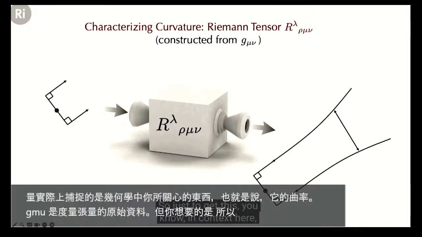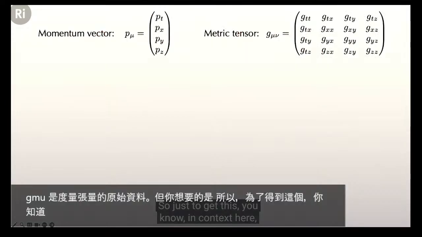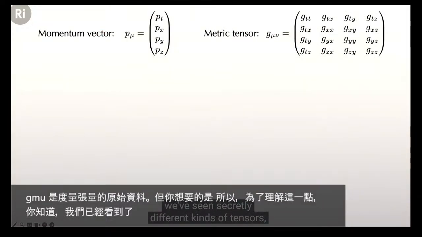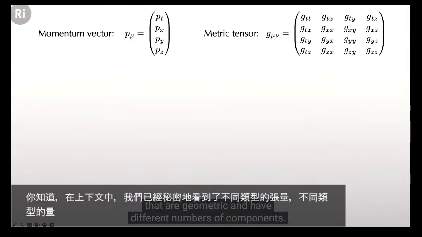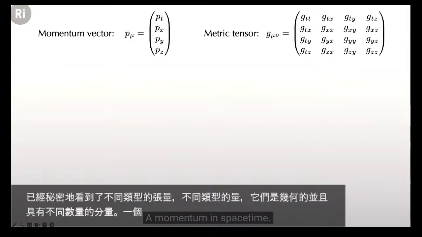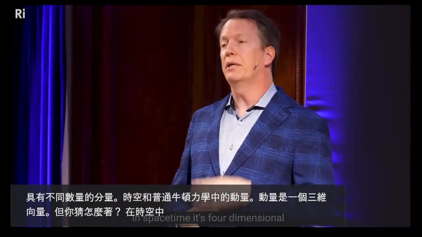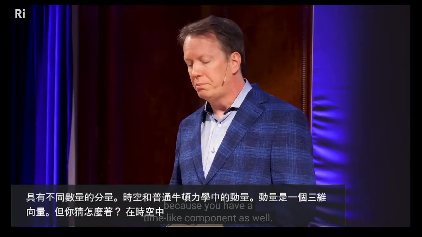So just to put this in context, we've seen different kinds of tensors, different kinds of quantities that are geometric and have different numbers of components. A momentum in ordinary Newtonian mechanics is a three-dimensional vector, but guess what? In spacetime, it's four-dimensional because you have a time-like component as well.